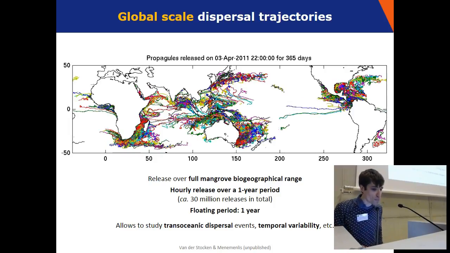But what we see in this movie is 30 million releases, where each hour of the day we release propagules at the full biogeographical range of mangroves. And this movie is very interesting for hypothesis formulation because we can see if transoceanic dispersal is possible. We can investigate if there are important barriers for dispersal, yes or no. But yes, I can send you the movie if you like.